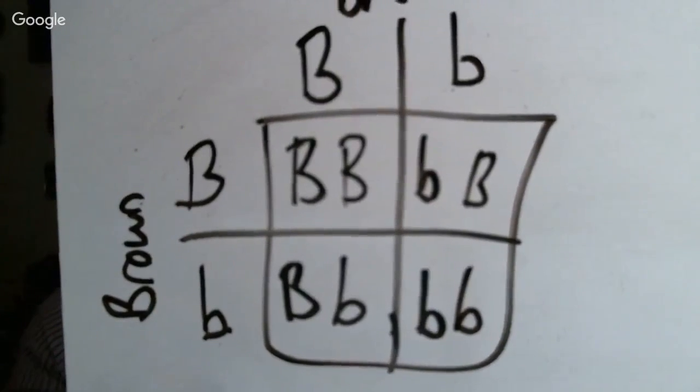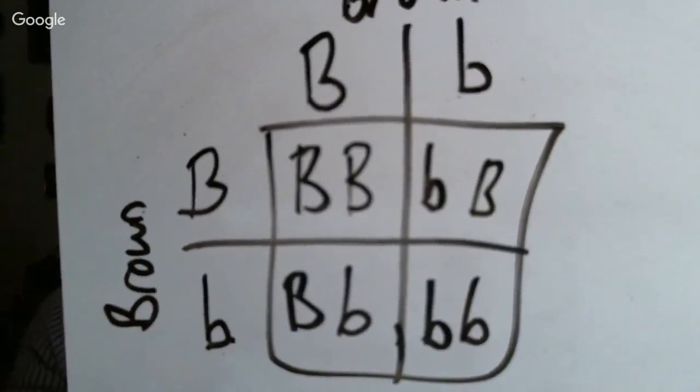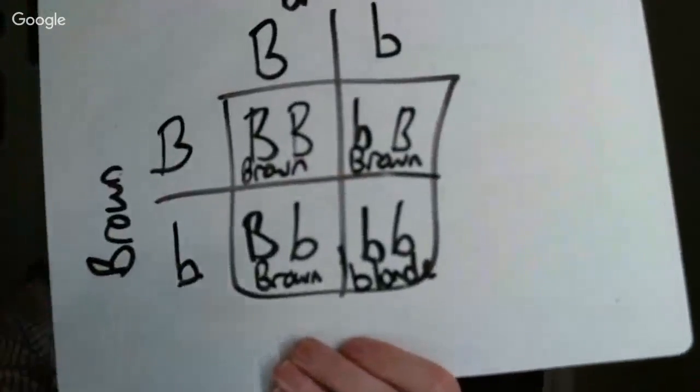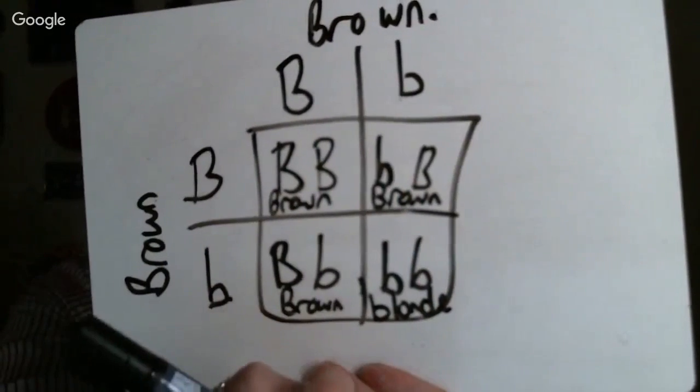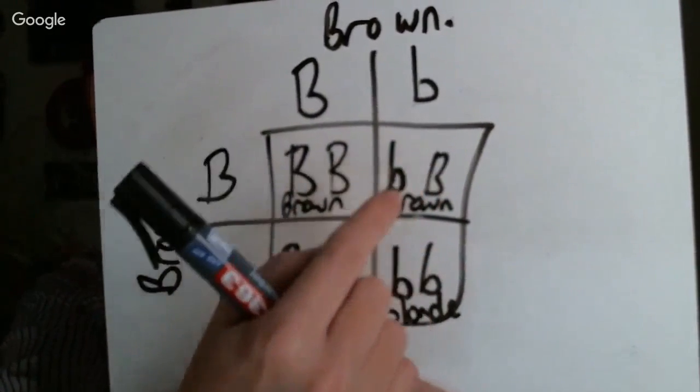We then need to identify what their phenotype will be, so what colour hair they've got. Now, any with a capital B will have brown hair because that is the dominant trait. And any with only the lowercase b are going to be the blonde-haired ones. So you just write in there that these three are going to have brown hair because they've all got a capital in there.